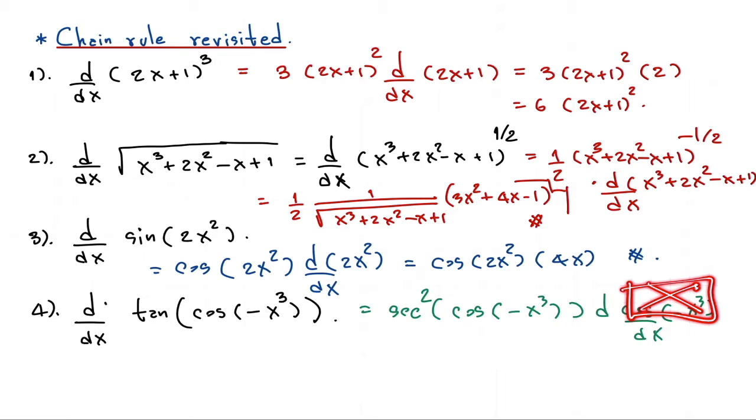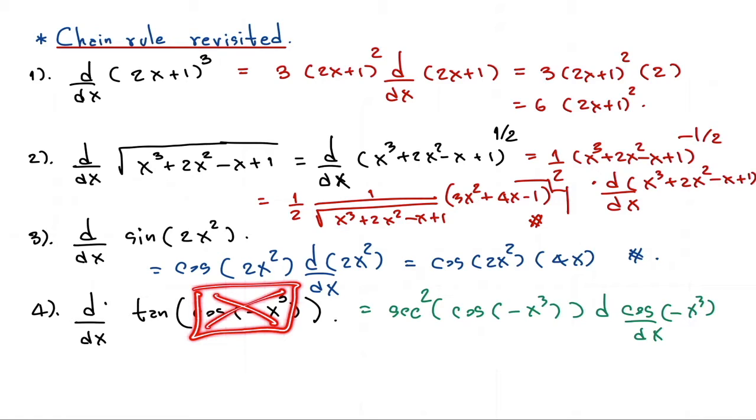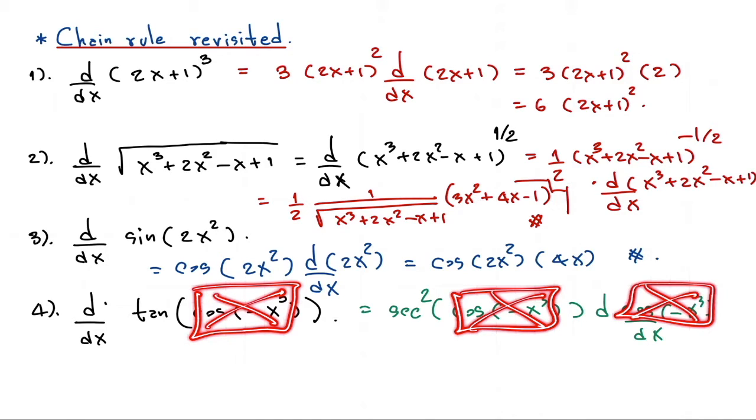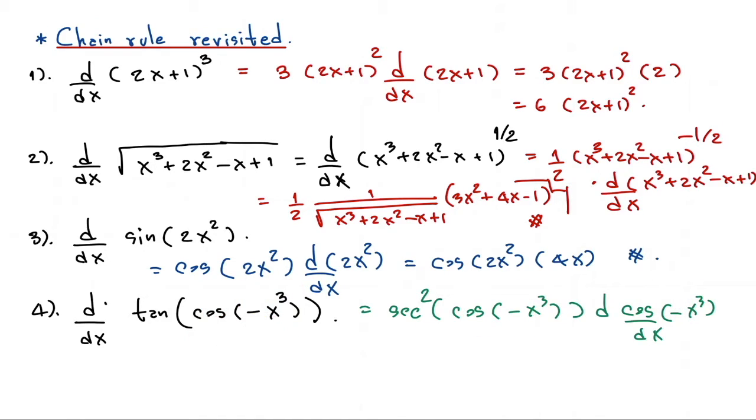Okay, again. Differentiate tan of big X is sec squared big X, and then dX by dx, the big X by the x. See? And here is sec squared of cos of minus x cubed, right?